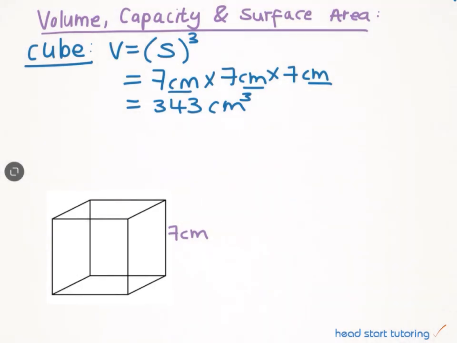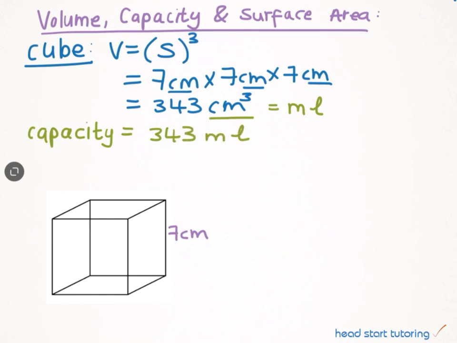If we would now like to work out our capacity, remember that centimeters cubed is equal to milliliters. So our capacity is simply 343 milliliters.